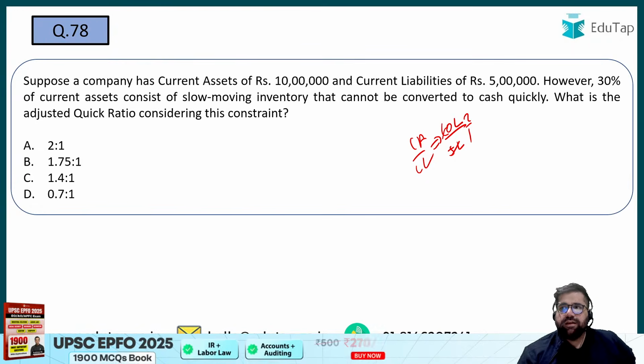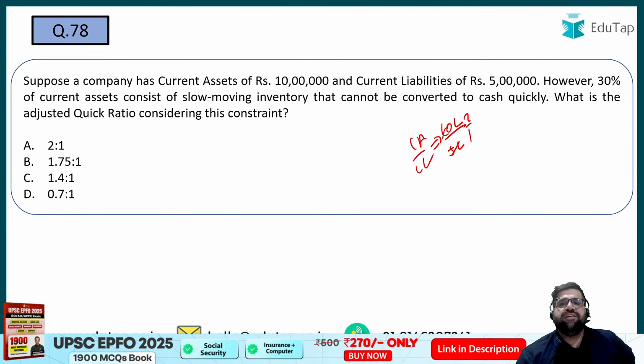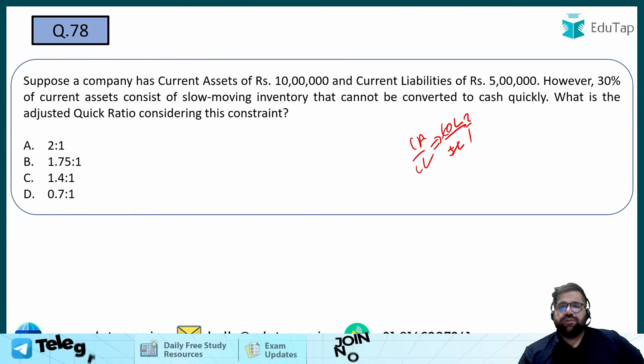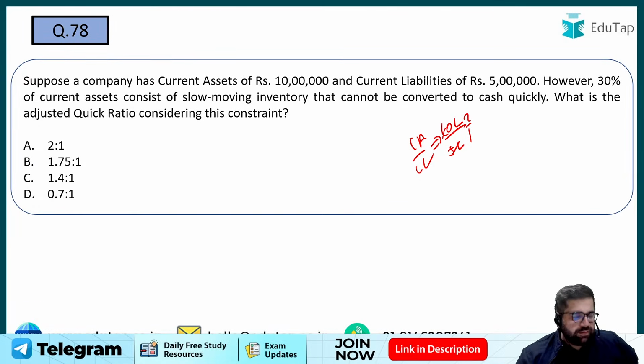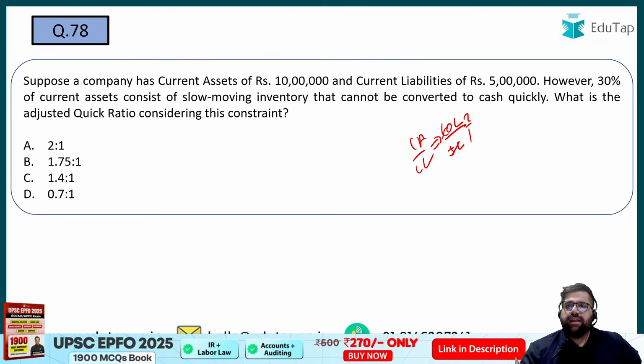However, 30% of the current assets consist of slow moving inventory that cannot be converted into cash quickly. So you will calculate quick assets. If you see 5 lakh, your denominator will remain the same.